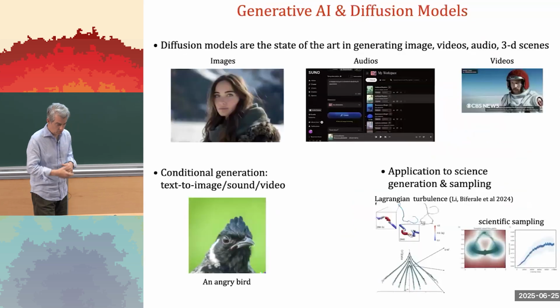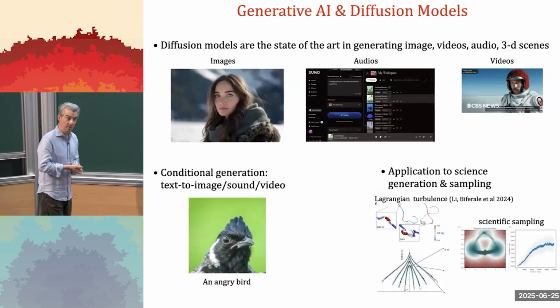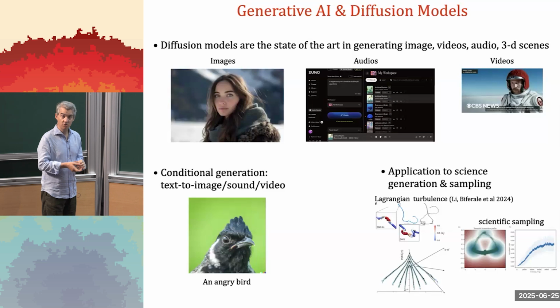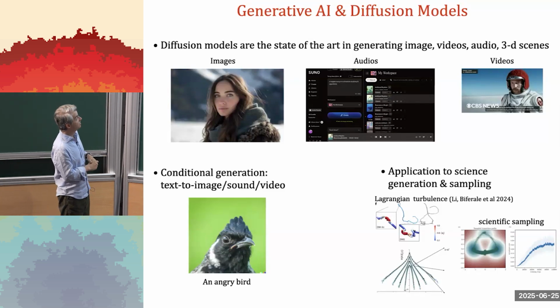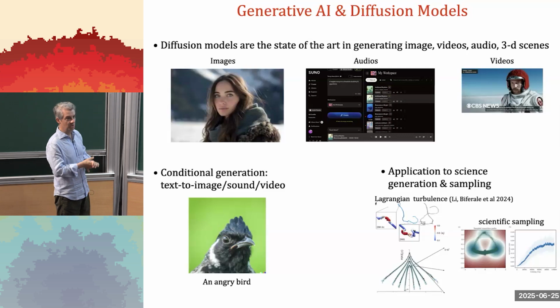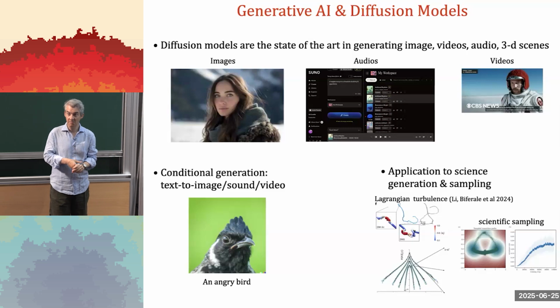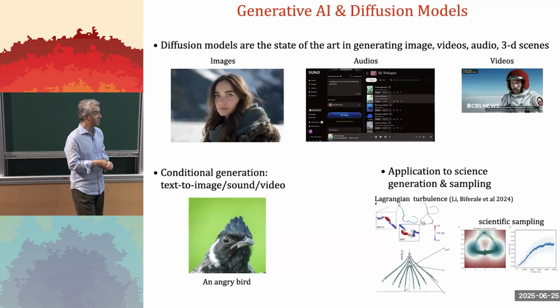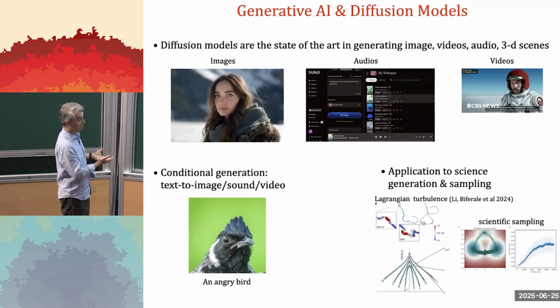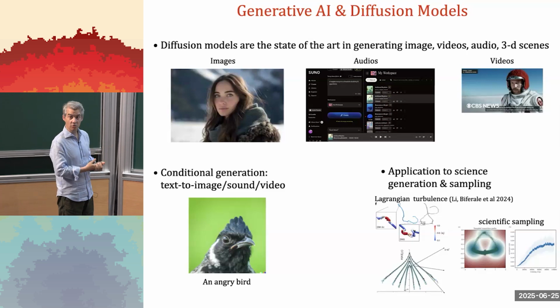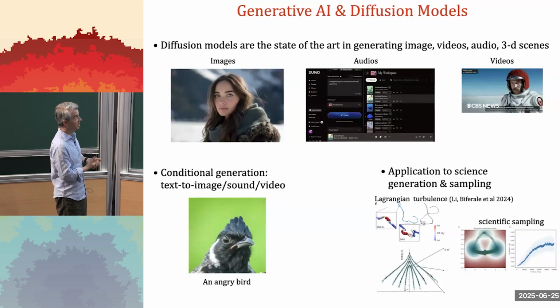So again, what we're going to focus on is generation of images, sound, and videos. This is an example of a diffusion model: you have an image on the left. The model has been trained on images of people, and it can recreate a new image of someone that does not exist, but looks really like she existed.